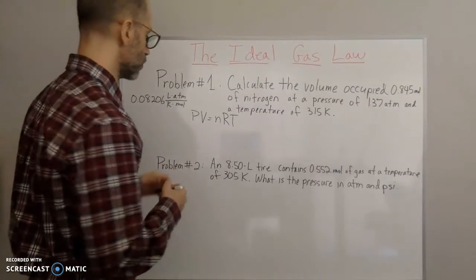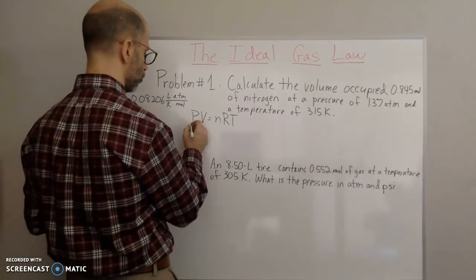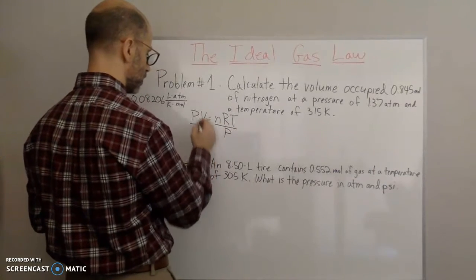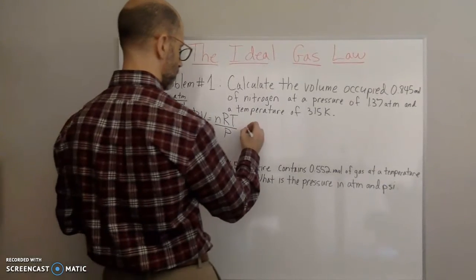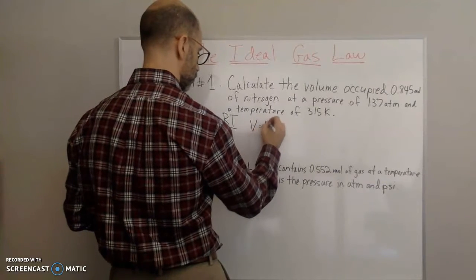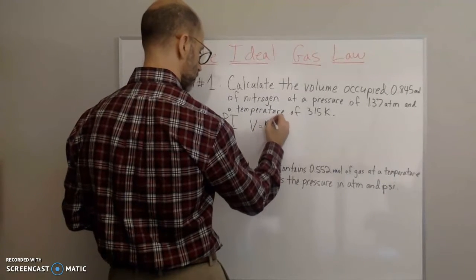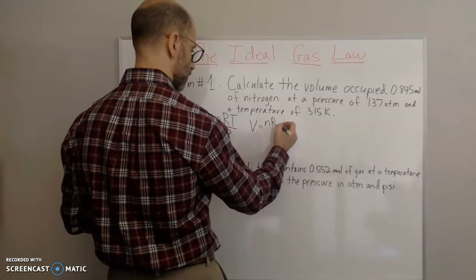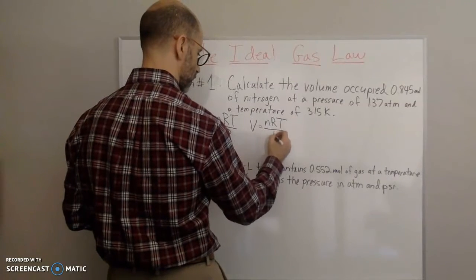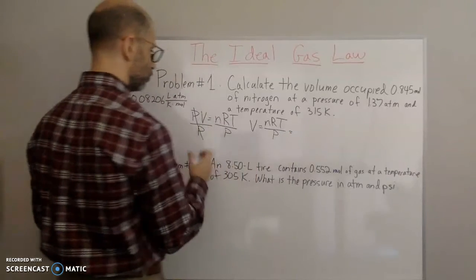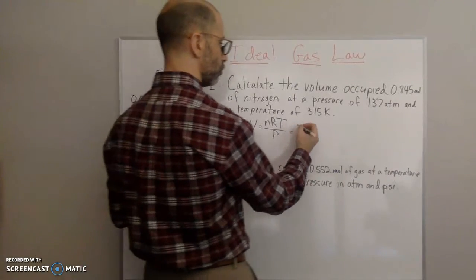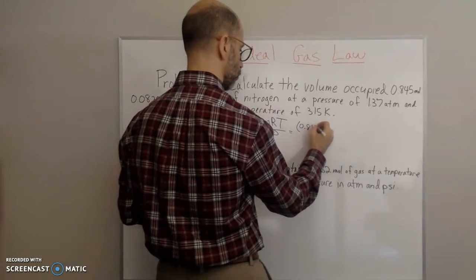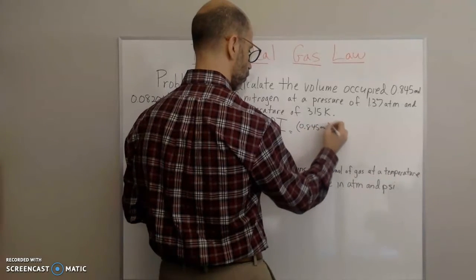So all we need to do is solve our equation for volume. So we'll solve our equation for volume by dividing both sides by P. So pressure cancels out. So we get volume is equal to the number of moles times the R constant, ideal gas law constant, and temperature divided by the pressure. So all we need to do is just plug in our values. So moles is 0.845 moles.